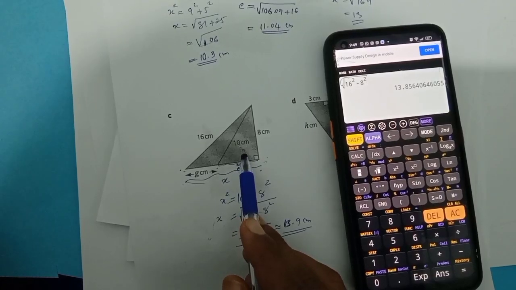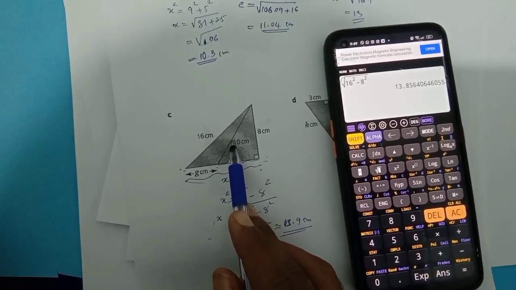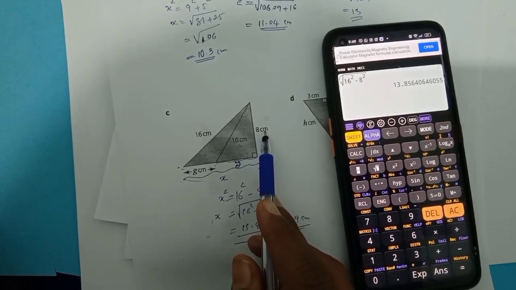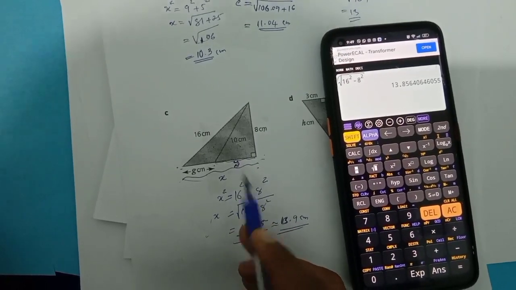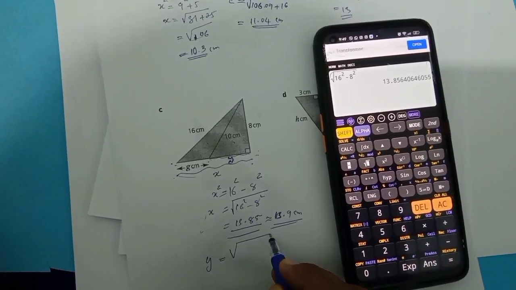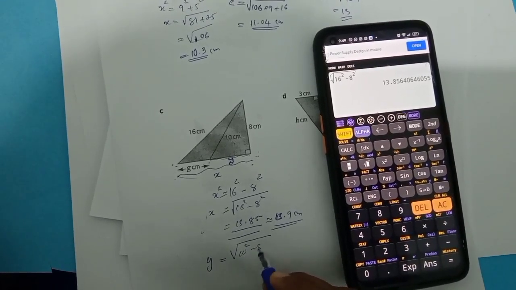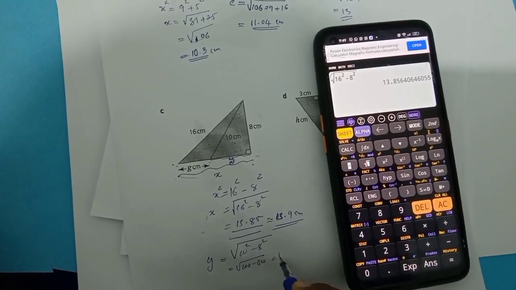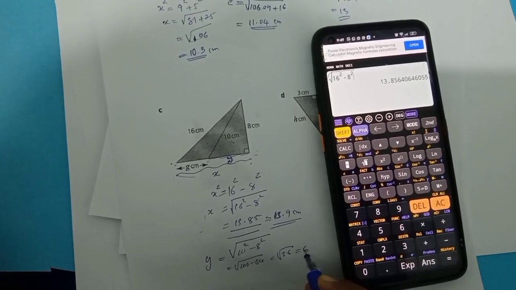We can take this small right triangle, and this one is the hypotenuse of this right triangle, and here this is one of the smallest sides. So we can find out the y from here, that y equal to root of 10 square minus 8 square, that is 100 minus 64 is equal to root 36, equal to 6 centimeter.